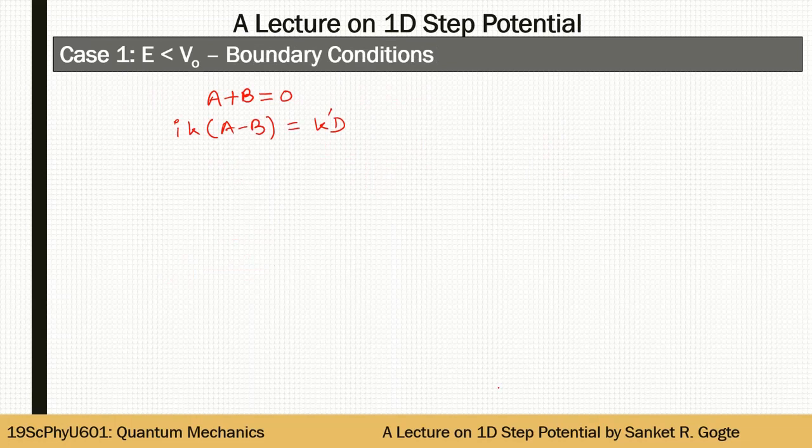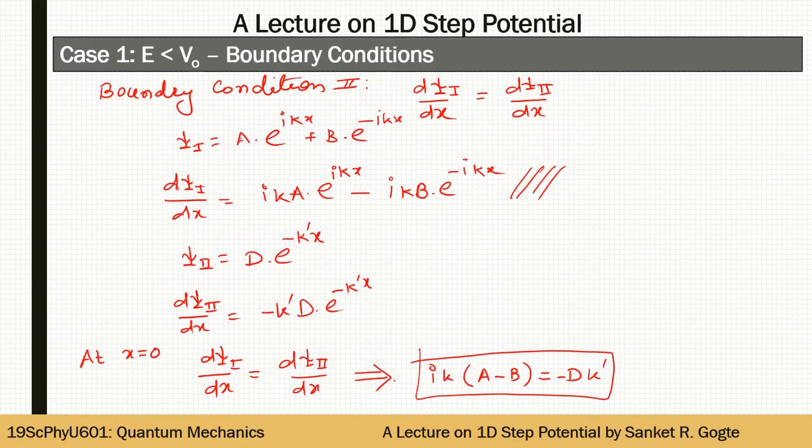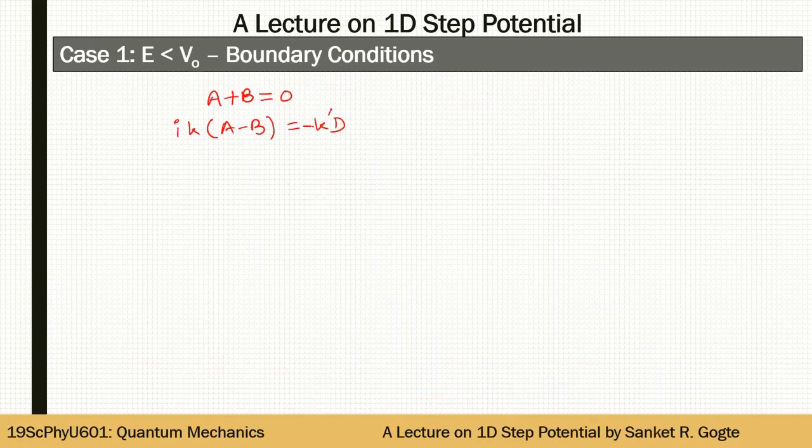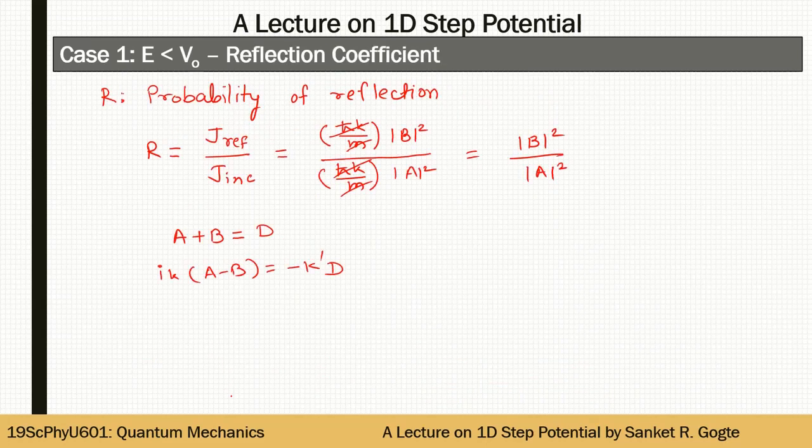Okay, ik A minus B, is it minus or plus? It has to be minus here. Yeah, it seems all right. So this is the second equation that we have.